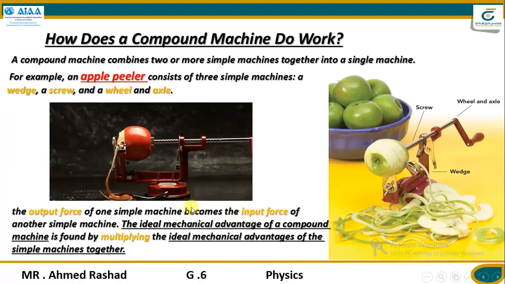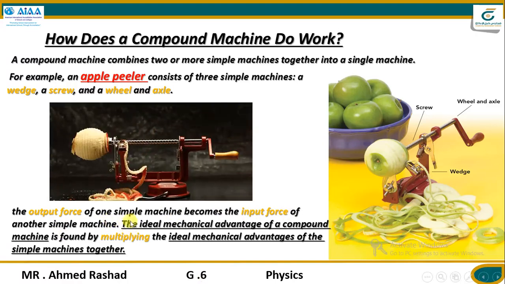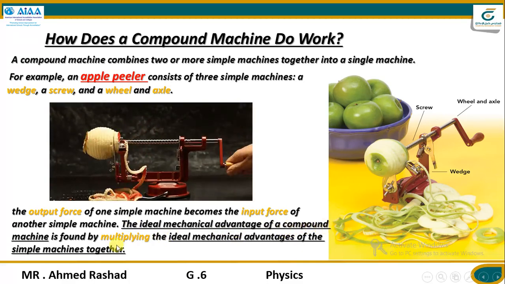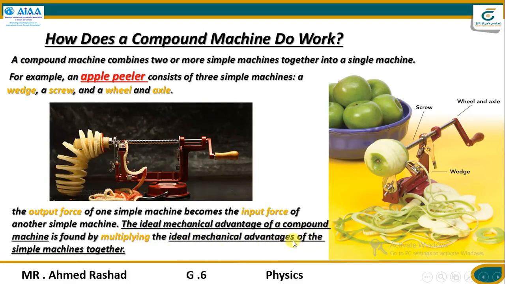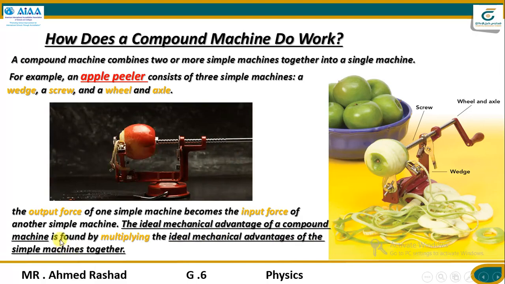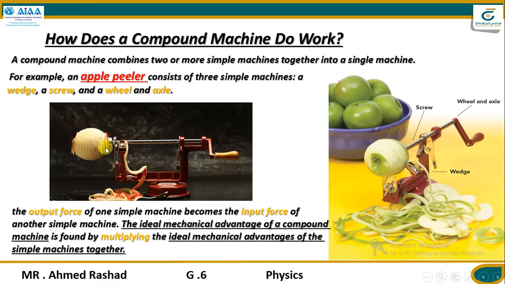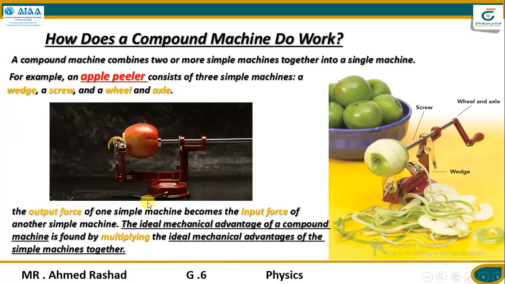And we can calculate the ideal mechanical advantage of a compound machine by multiplying the ideal mechanical advantages of the simple machines together: the wedge, screw, and wheel and axle. Each one of them has an ideal mechanical advantage, so we multiply them together to find the mechanical advantage of the compound machine.